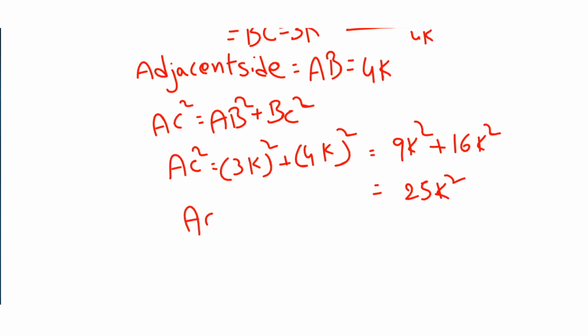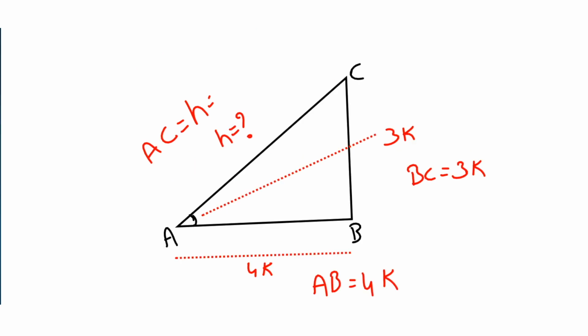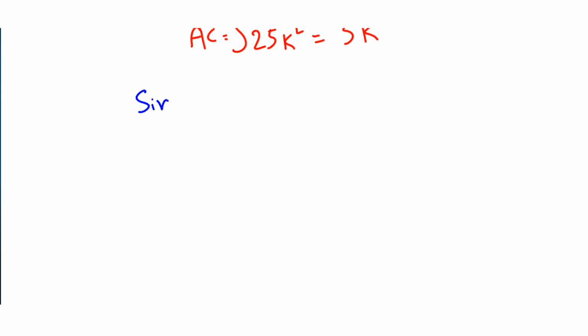AC square equals 25K square, so AC equals square root of 25K square. AC equals 5K, that equals the hypotenuse. The hypotenuse is 5K. We can easily write the other ratios of trigonometry.